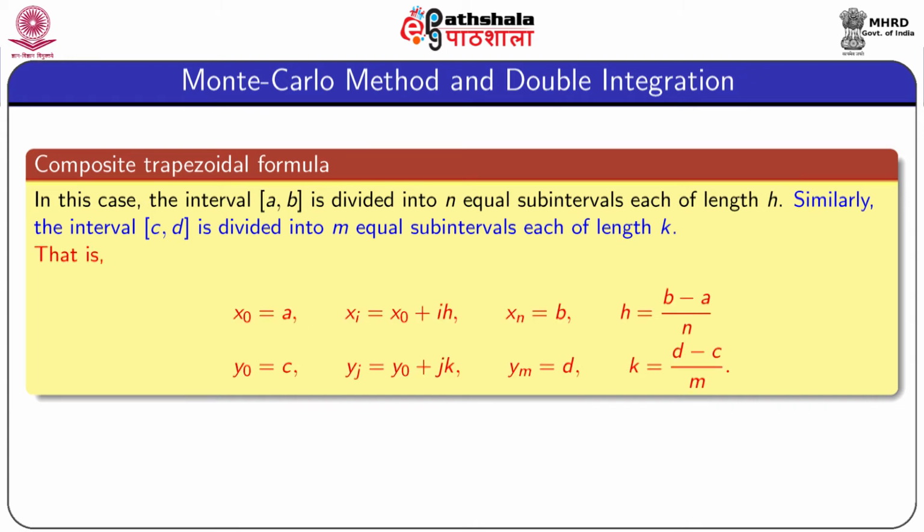That is x0 equals a, xi equals x0 plus ih, xn equals b, and h is given by b minus a by n. Similarly, y0 equals c, the starting limit, yj equals y0 plus jk, k is the length of the interval, ym equals d, and k equals d minus c by m.